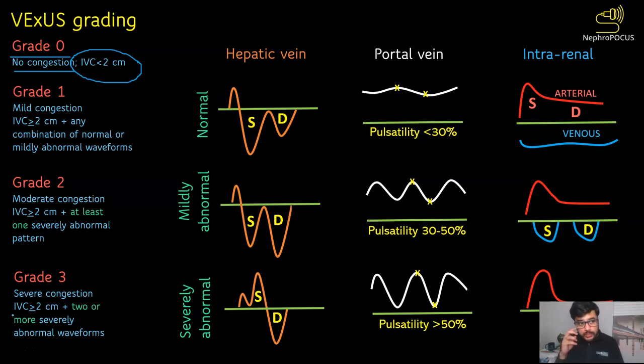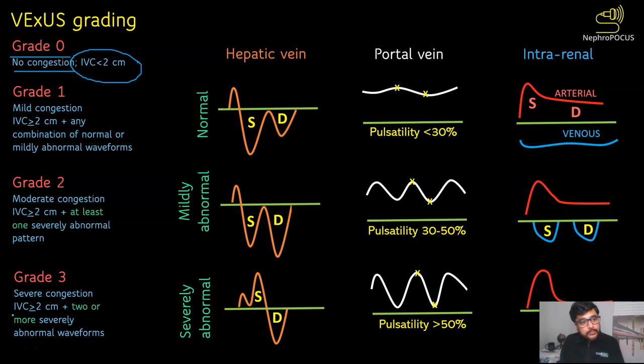If you are doing it in children, there is actually no good data on VExUS in children. So if you are designing a study, you can't just go by this IVC less than 2 centimeters criteria. You have to look at it in the transverse plane and use your clinical judgment. Same applies to smaller patients such as Asians, who tend to have smaller IVCs than their Western counterparts.